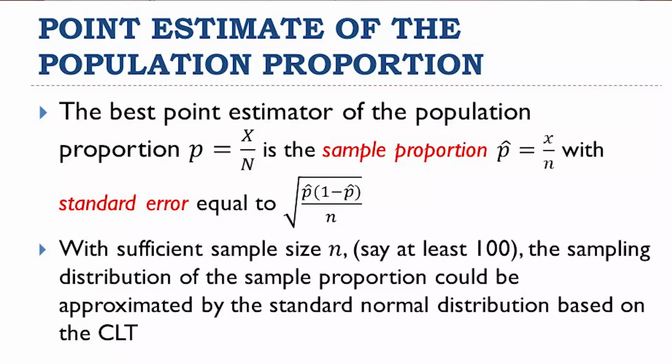So a point estimate of the population proportion is the sample proportion. Basically, the best point estimator of the population is a sample. Since we're talking about population proportion, the best point estimator of the population proportion is the sample proportion.